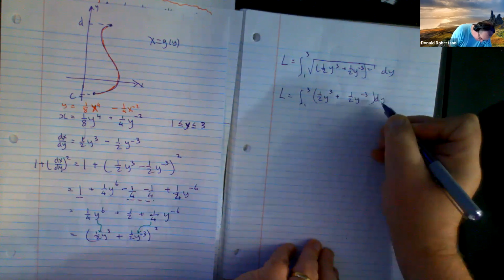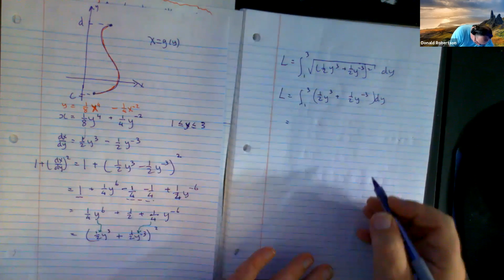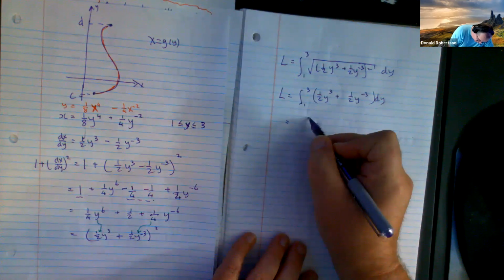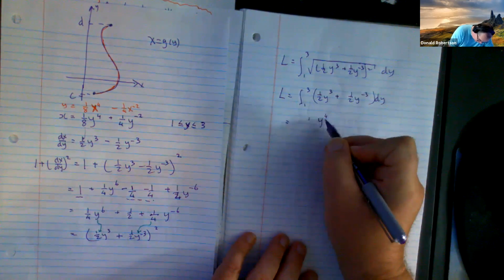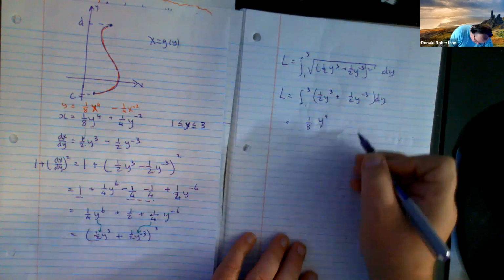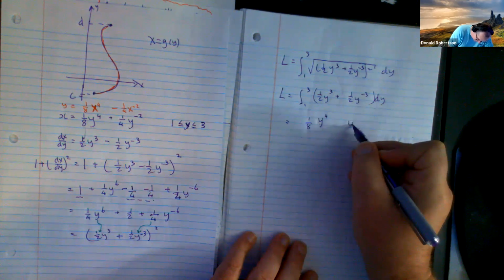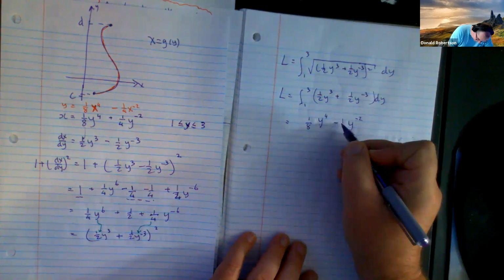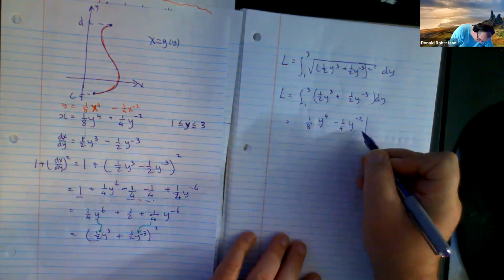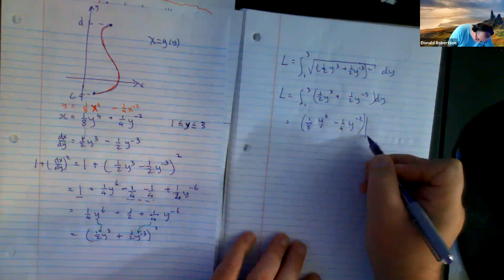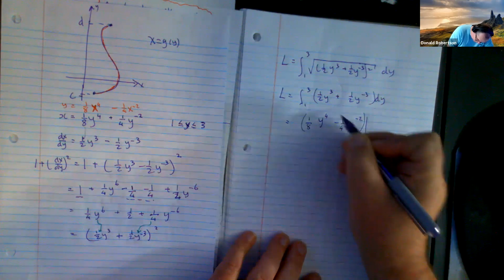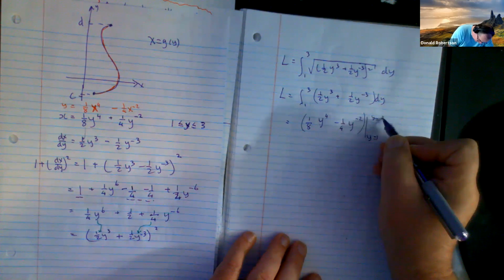Let's take this one a little bit further. Power rule, add 1 to the power, divide by the new power. Add 1 to the power and divide by the new power. And evaluate from y equals 1 to y equals 3.